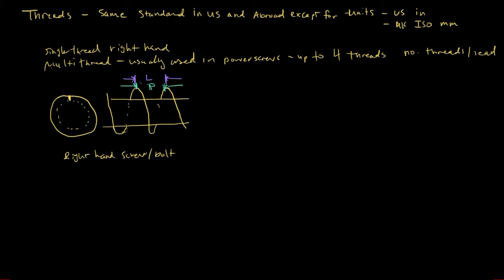All right, if we have a multi-threaded screw, then we can draw the same geometry where we have our screw diameter and our thread diameter. And in this case, let's say we have 2 threads per lead. We'd have a thread that would start here and another thread that would start here.